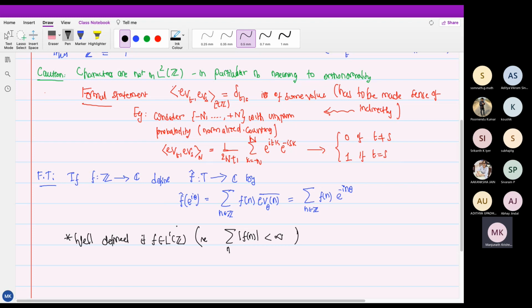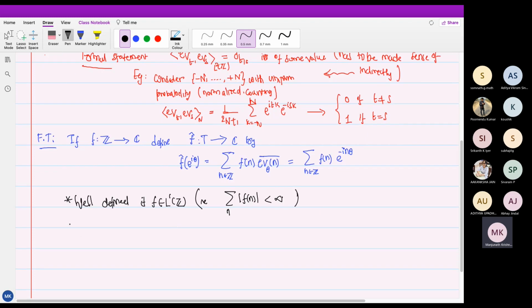But what about L2 functions? It is not necessarily well defined for functions in L2 of Z.